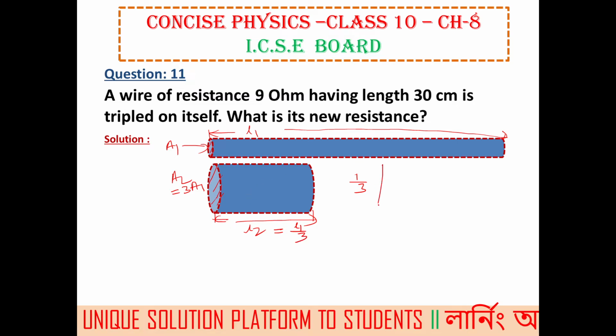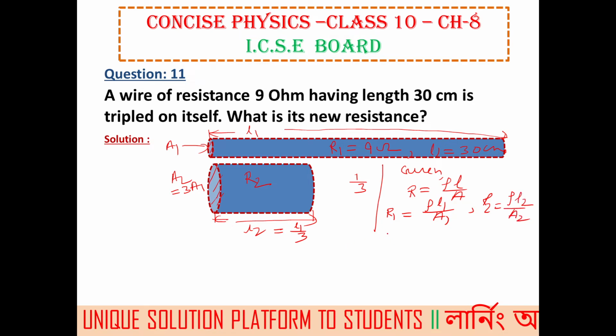So what is given here? Given the resistance of the first is 9 ohm and the length is L1 equal to 30 centimeter. Here the length is not given. Let the resistance be R2. So as per the formula, resistance equal to rho L by A, we can write R1 equal to rho L1 by A1, R2 equal to rho L2 by A2.